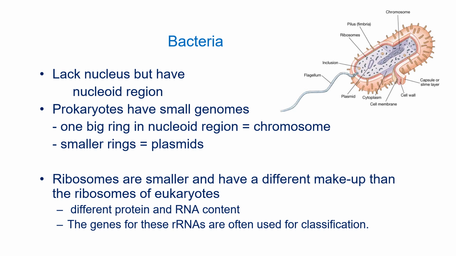They're smaller, and also they have a different composition. We can recognize the ribosomes as being different. They're made up of different proteins. They're made up of different sized pieces of RNA, etc. We quite often use the genes that code for the ribosomal RNA in classifying species.